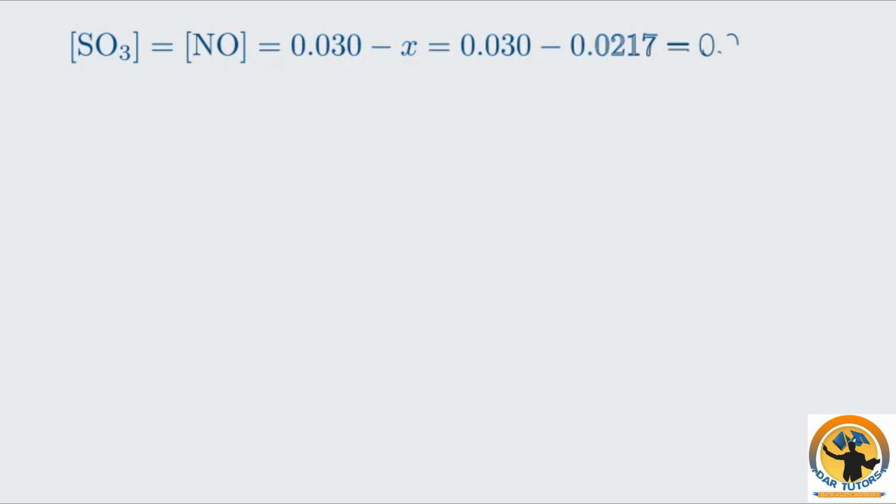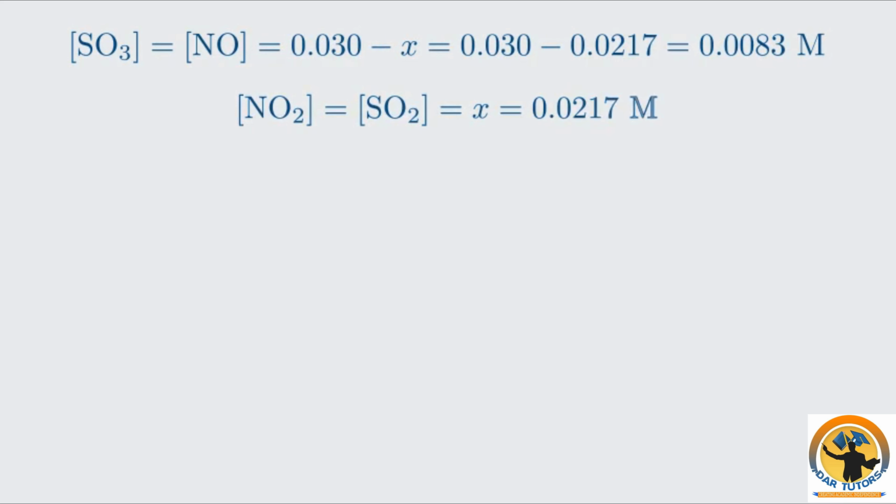Finally, we calculate the equilibrium concentrations. The concentrations of SO3 and NO are 0.030 minus 0.0217, which is 0.083 m. The concentrations of NO2 and SO2 are simply X, which is 0.0217 m. Using the perfect square simplification is a key HL level skill.